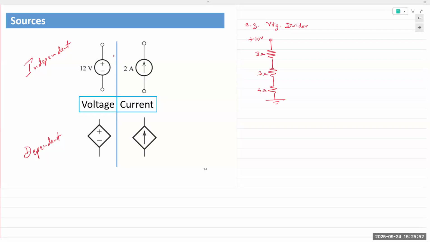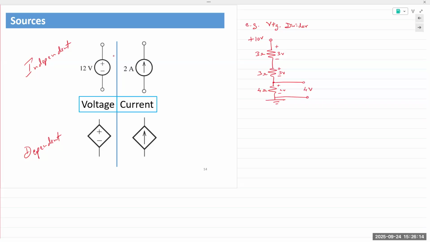To make it round, it's 10, right? So you'd have 3 volts here, 3 volts here, and 4 volts here. If you take the output from here, you would have 4 volts.